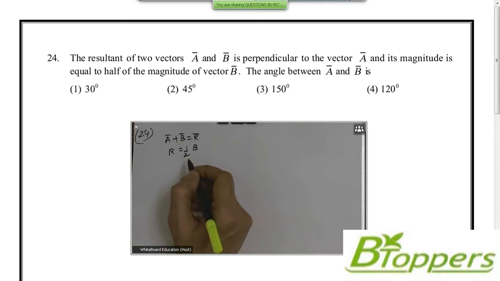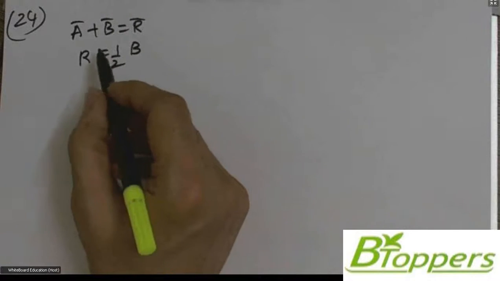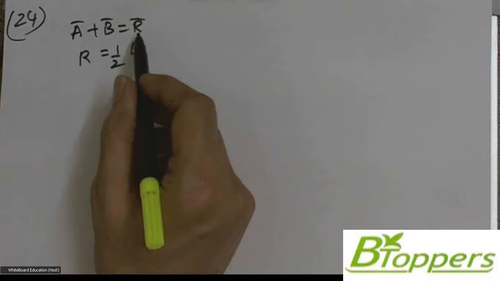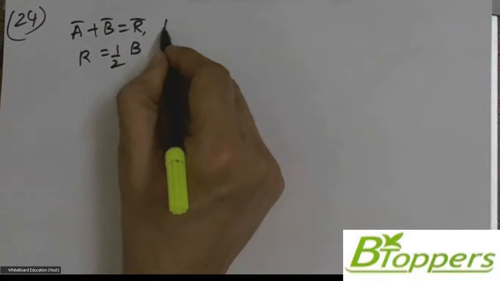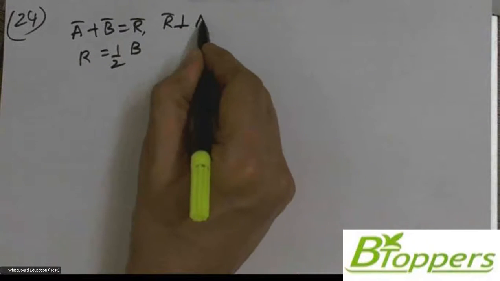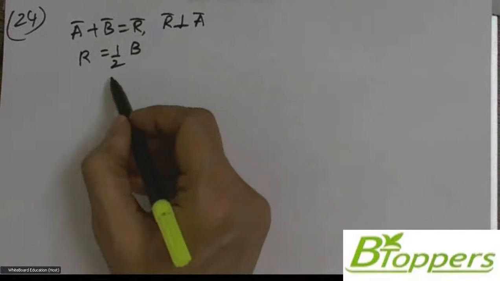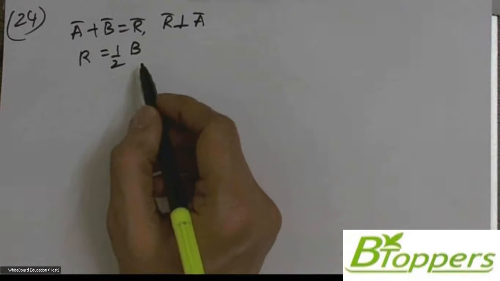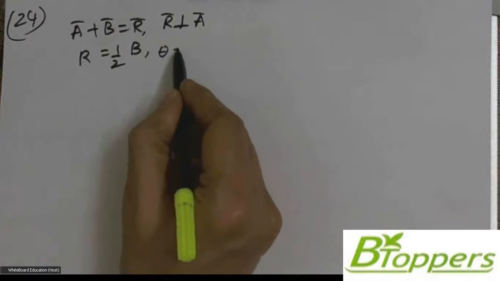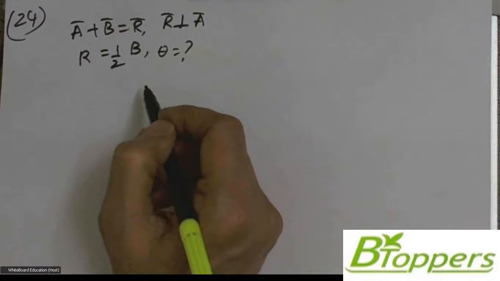So look at the solution of this problem. I denote the resultant of A bar and B bar by R bar. It's given that resultant R bar is perpendicular to vector A bar, and magnitude of the resultant is half of the magnitude of vector B bar. You are asked to find the angle theta between the two vectors A bar and B bar.